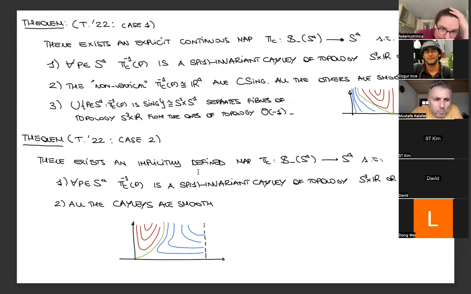So essentially, we couldn't find all the first integrals of the ODE, and such an implicitly defined map has fibers that are Sp1-invariant Cayley's, and topologically we get again S3 times R, or we get R4, but also we get the zero section, and so these are all smooth, and this is a picture depicting the Cayley's in this context.